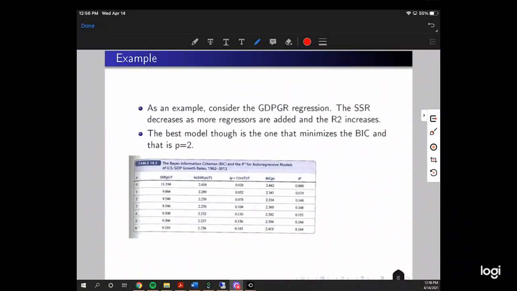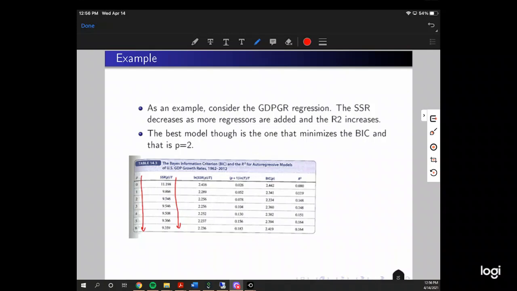As an example, we'll consider the GDP growth rate regression. The sum of squared residuals decreases as more regressors are added and the R squared increases. You can see that here. They've plotted p going down, the number of lags, in column 1 here. The sum of squared residuals divided by T, as you can see, decreases as you add more lags.